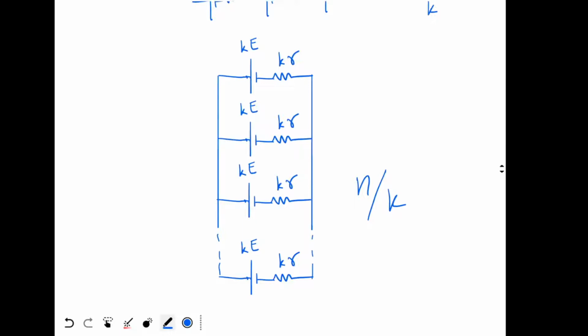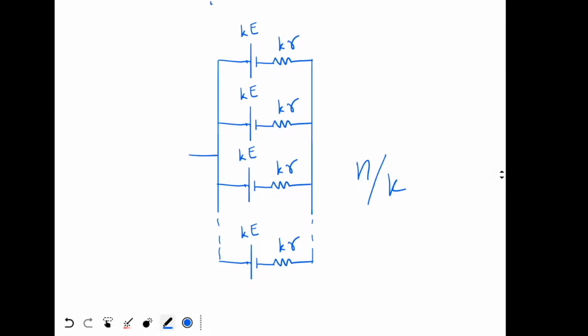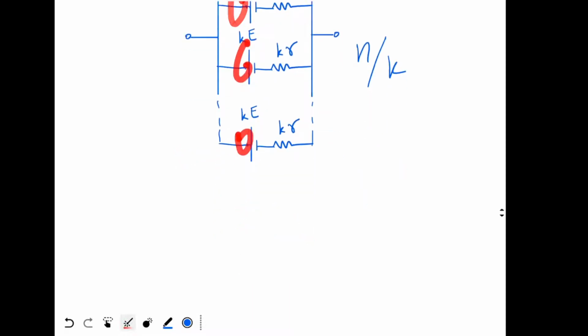Now what is the equivalent battery over here? Between these two terminals I want the equivalent battery. When the batteries are in parallel and they all have the same EMF, the equivalent battery also has the same EMF, so this will be equal to KE.